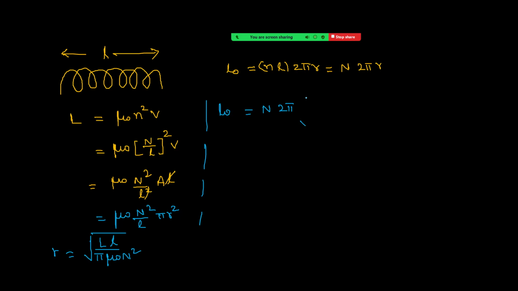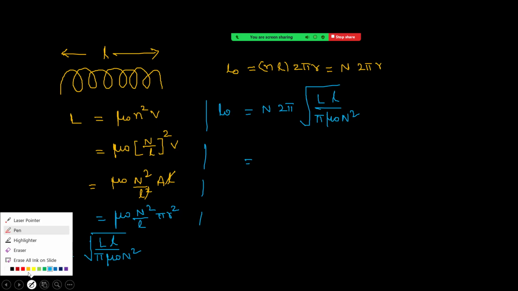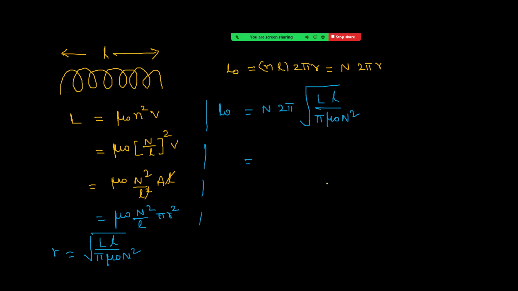Now substitute that here, L, L, pi mu naught n square, right? Now see the calculation carefully. n and n square get cancelled, right? The remaining, now I'm taking 2 pi inside.